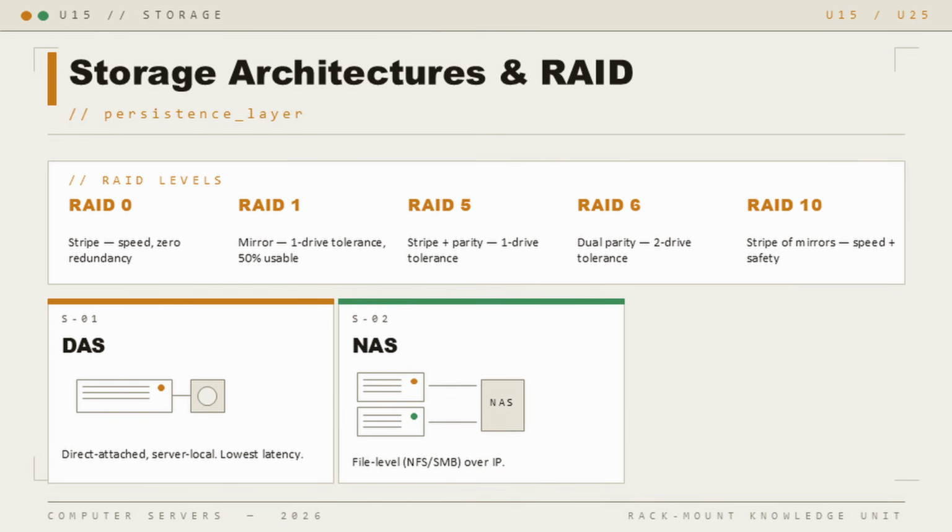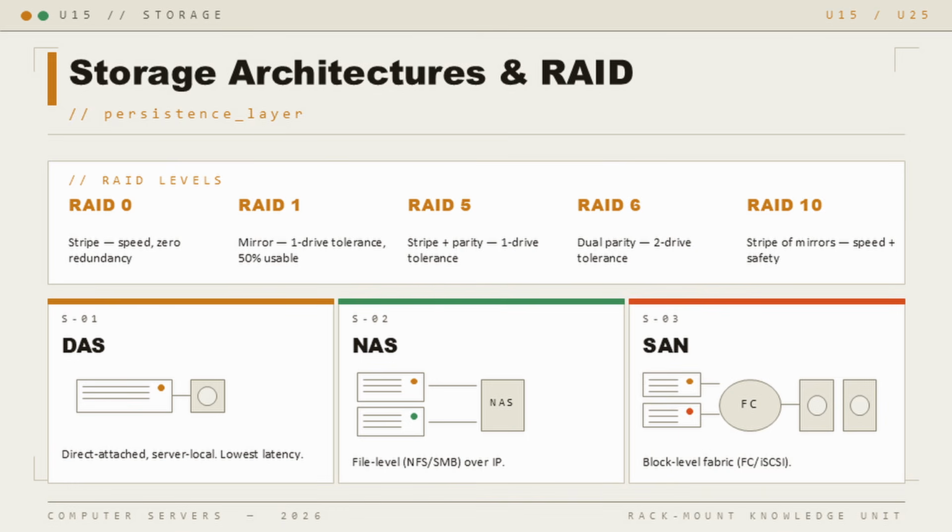NAS, Network Attached Storage, is a dedicated storage device that contains one or more hard drives or SSDs and is connected to a network, allowing multiple users and devices to access and share files over that network. And SAN, short for Storage Area Network, is a high-speed dedicated network that provides shared storage resources to multiple servers.